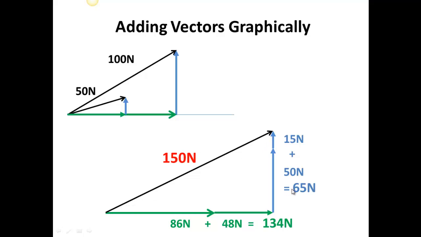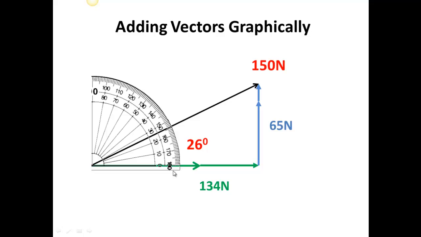So I've got 65 there and 134 there, and if I measure this it would be 150. So we're saying that the resultant of these two together is 150 newtons at a certain angle here. We can put a protractor on there and I get about 26 degrees.